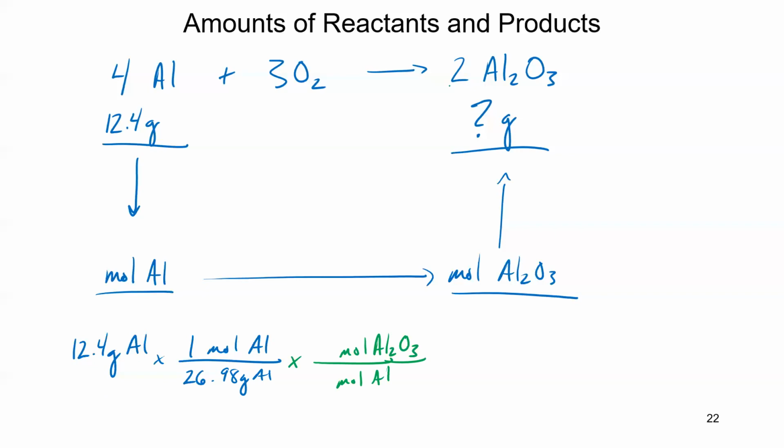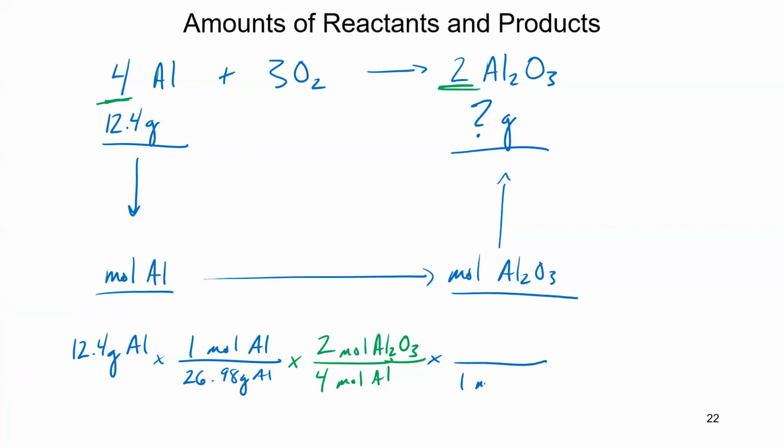Well, it's the ratio of the coefficients in the balanced chemical equation. And so we know that there's 2 moles of aluminum oxide for every 4 moles of aluminum. If you simplified that and said 1 to 2, I'm A-okay with that, right? That's the same ratio. I'm just using the ones directly from the equation.